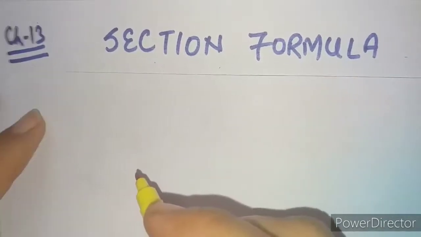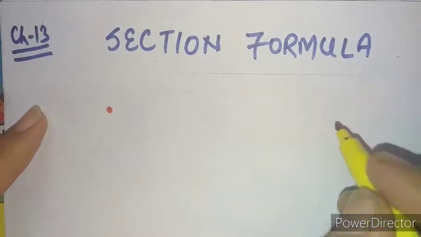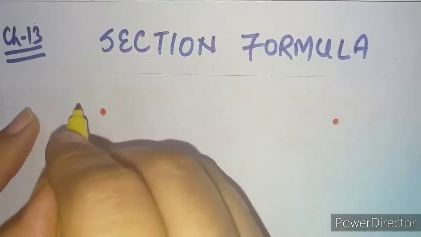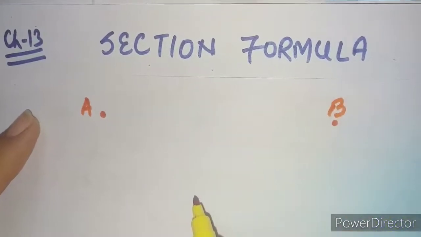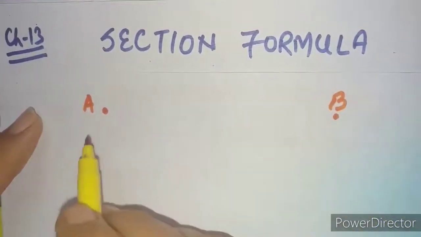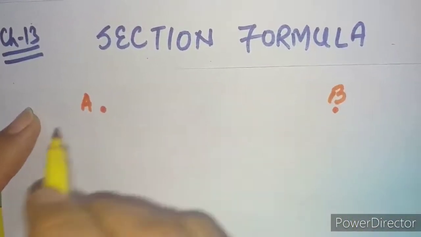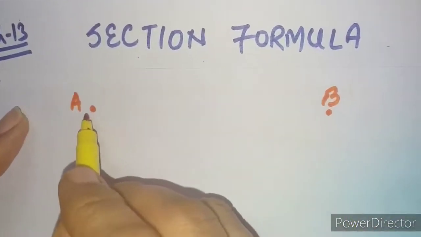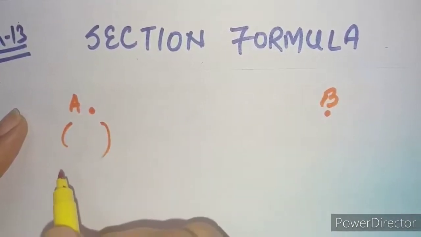Suppose I tell you this is a point, this is another point. I name this point A and this point B. These 2 points are lying in a plane, a plane surface. Whenever we have a point on the plane, we always have its location.